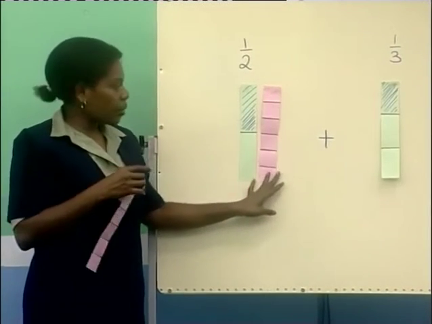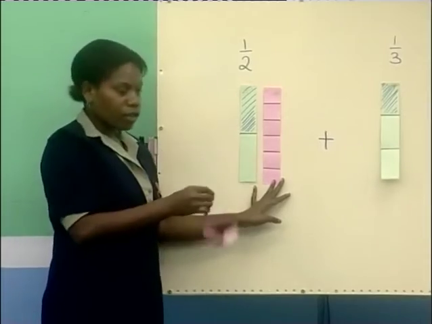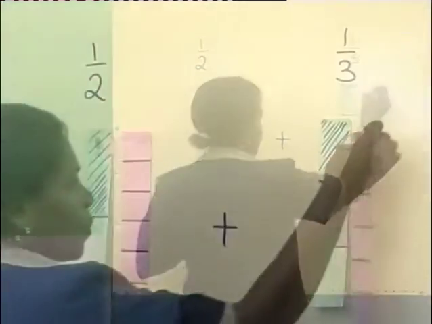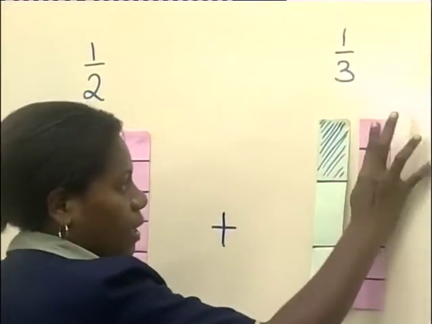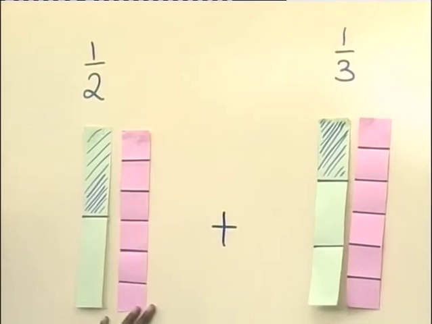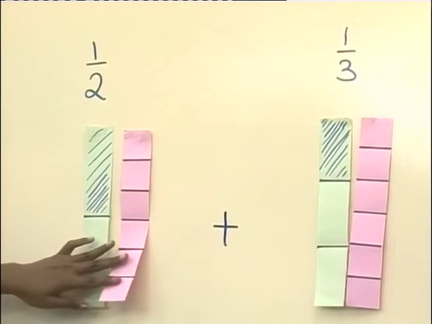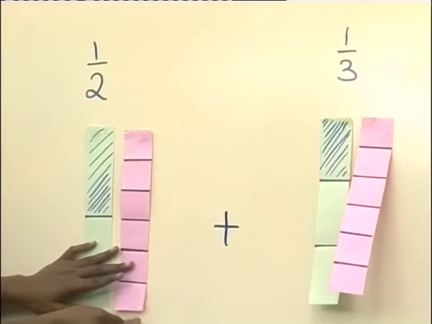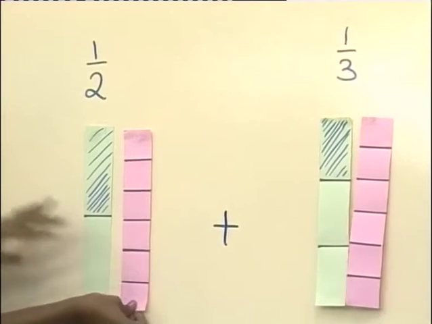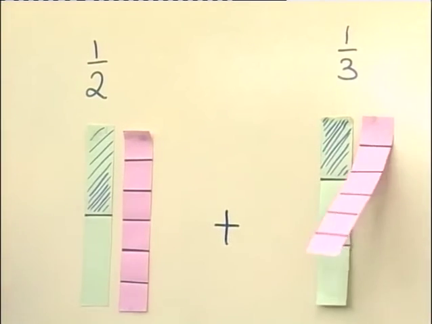Or how many 6 will a half be equivalent to? And how many 6 will a third be equivalent to? Okay, let's look here. A half is equivalent to how many 6?